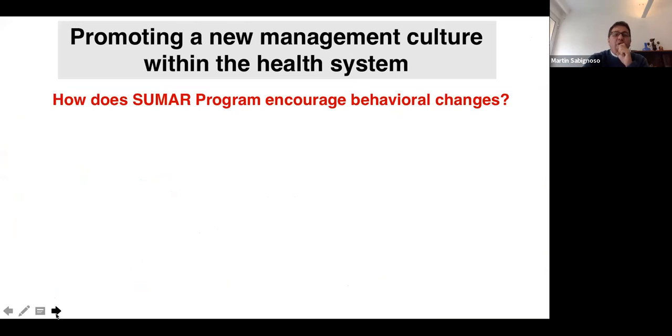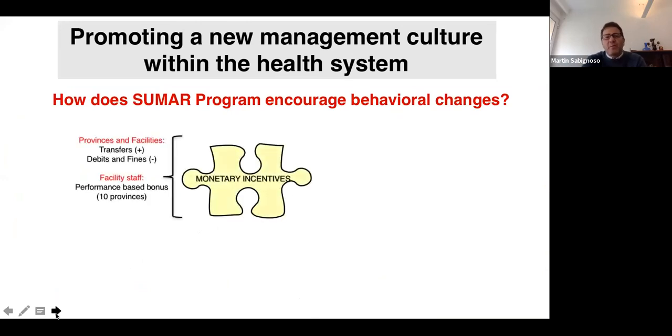So how does Programa Sumar encourage behavioral changes? Well, of course, using financial incentives placed at the provinces and facilities with transfers and debits.